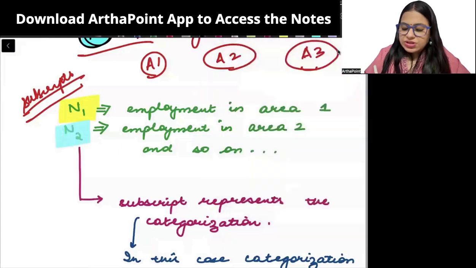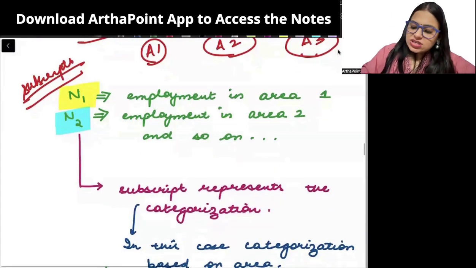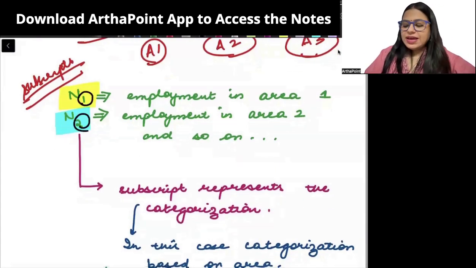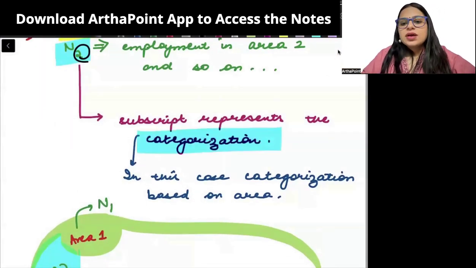N2 represents the employment in area 2, and so on and so forth. So when we use these subscripts, ये subscript हमें help करते हैं in the process of categorization. It helps us to go ahead and categorize a variable.